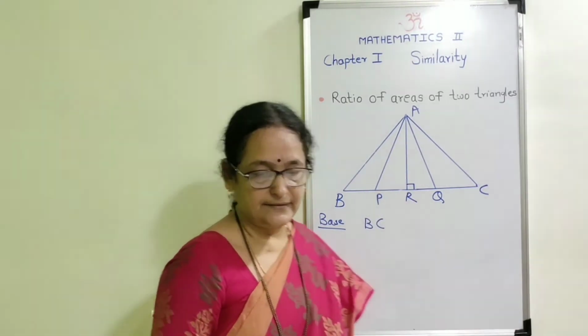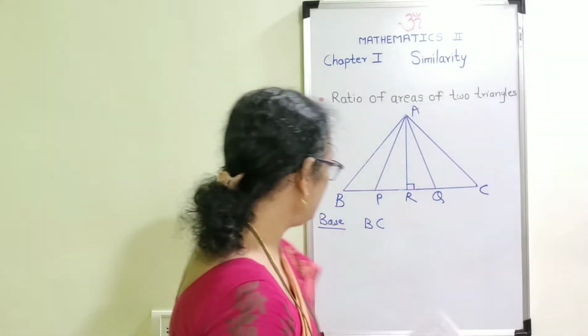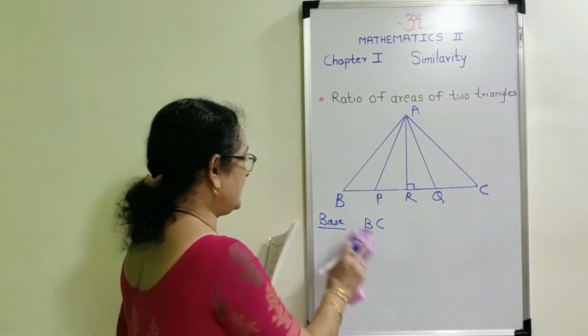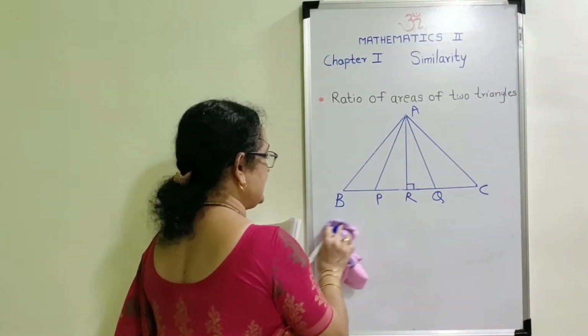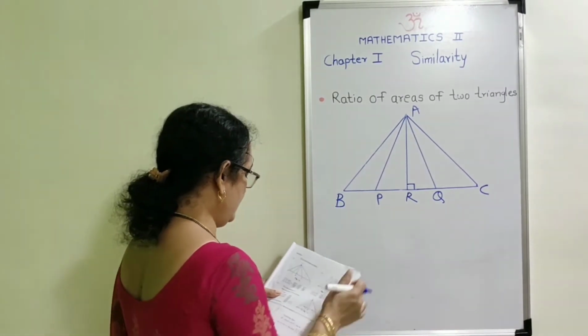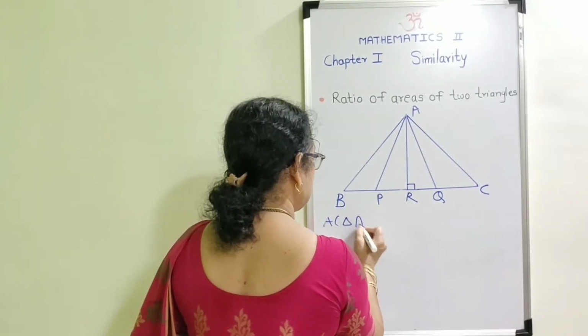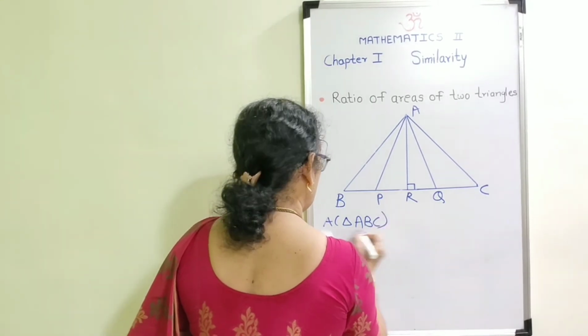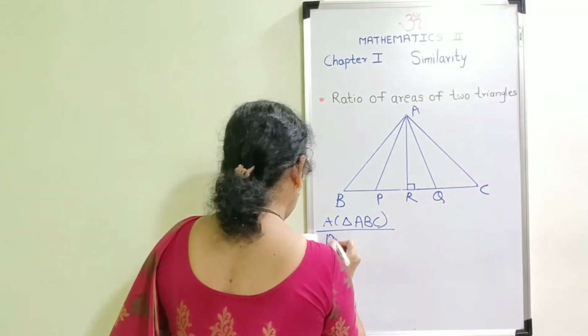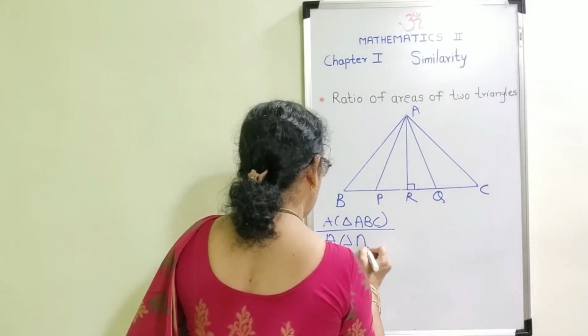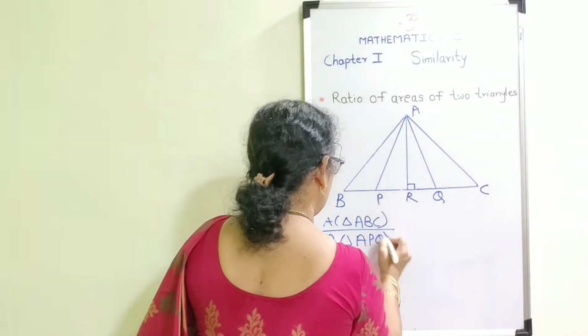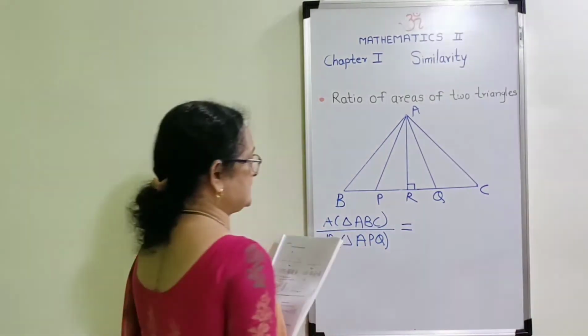Now, in this activity, they have given fill in the blanks. We are going to complete those fill in the blanks. Now, please complete those blanks. Area of triangle ABC is to area of triangle A, P and Q. They have taken only 2 triangles.